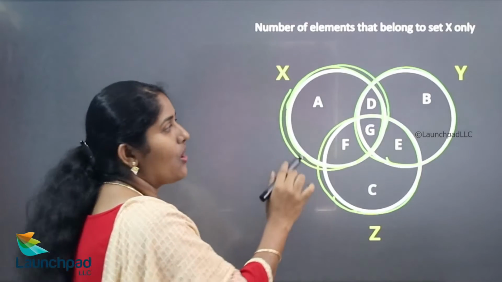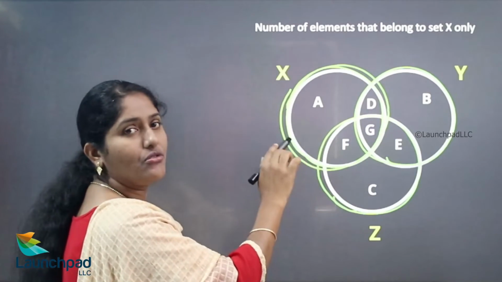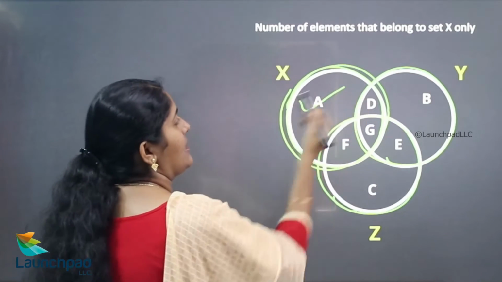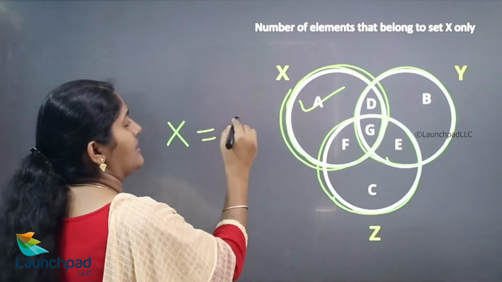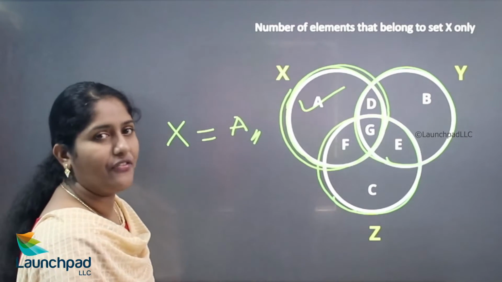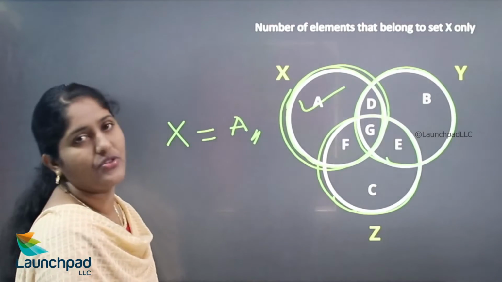That element should not belong to Y and Z. So A is the answer, only X. The element A is the answer for this question. We'll move on to your next.